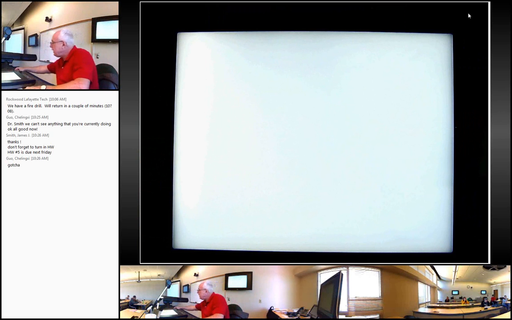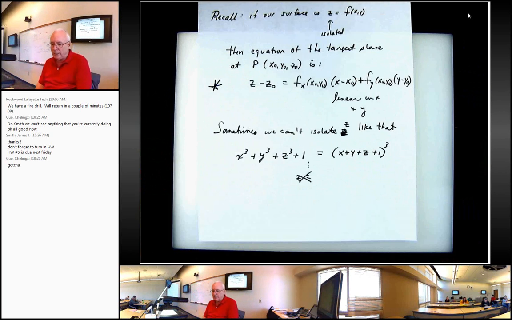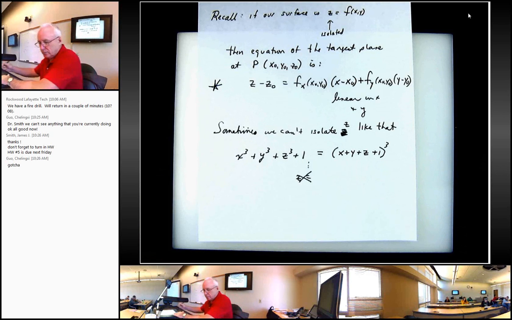So notice, I'm going to keep this up here on the screen. We're almost done here. Notice we can't isolate Z on one side. But there's another way I can write this. Let's move all the variable stuff to one side and put that 1 that's sticking there over on the other side.